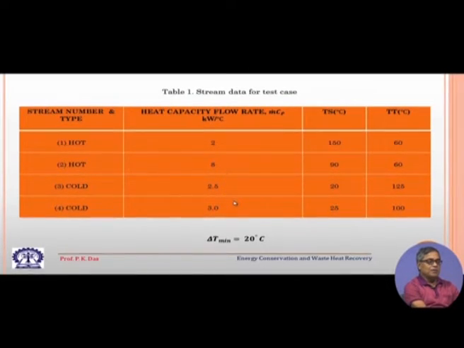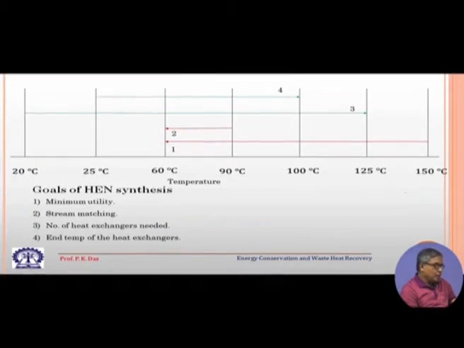Similarly, the information is available for the cold streams. So, a cold stream will start with a low supply temperature and it will end up with a high target temperature, because this stream is to be heated. Now, graphically, if I want to show the four streams on a temperature plane, it is like this.